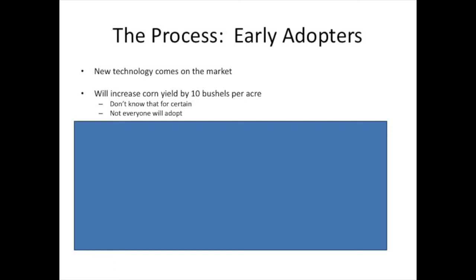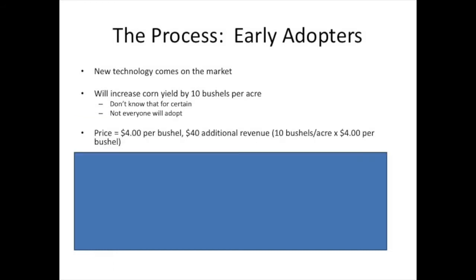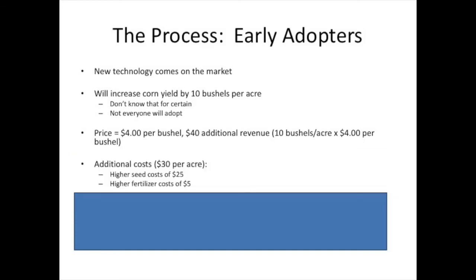So let's put some revenue on this. Let's say the price is $4, and we get $40 of additional revenue from the 10 bushel increase times a $4 price. However, there are additional costs. Those in this example will total $30 per acre. We'll say that there's higher seed cost: the seed company charges the farmer more for the seed to capture some of the increases in yields, so that's $25.